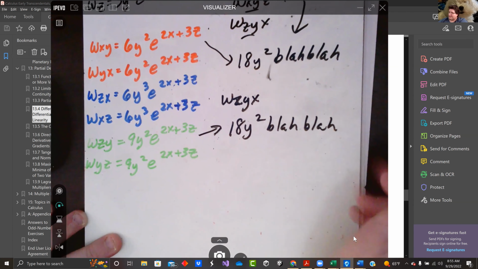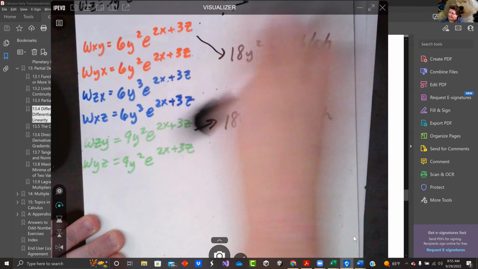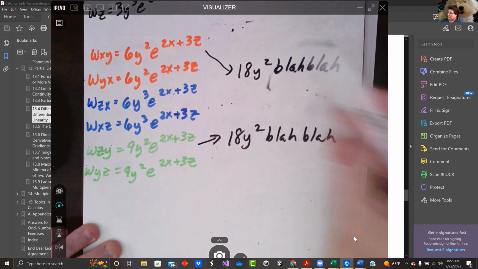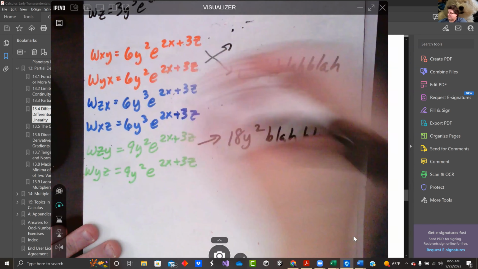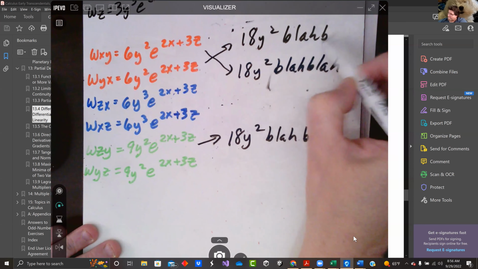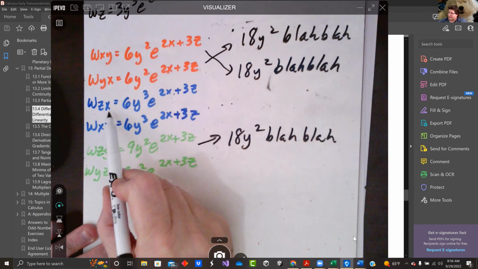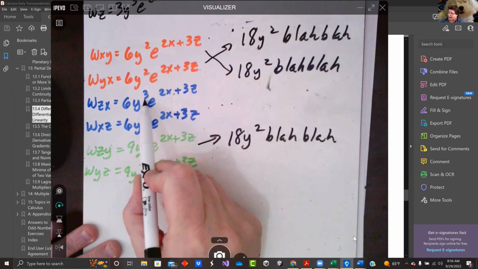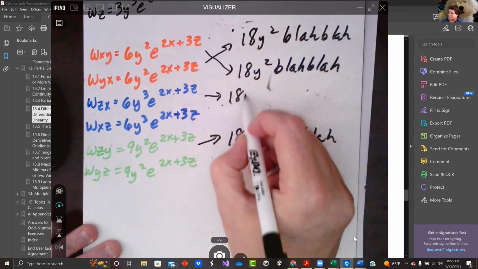Well, does this hold true if I do the derivatives of any of them? That if I do the third variable on any of them? That one, if I do the z here, the 3 comes down, I've got 18y squared blah blah. If I do it on zx, I'm doing y next. Y, the power comes down, makes that 18y squared.